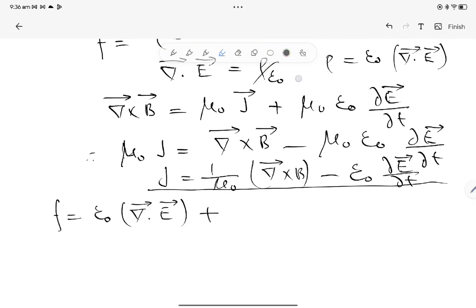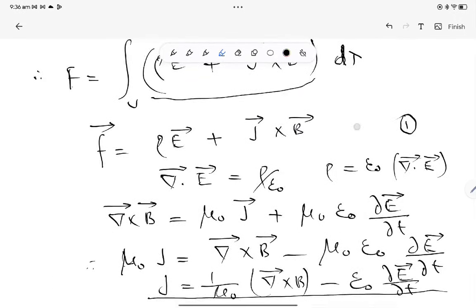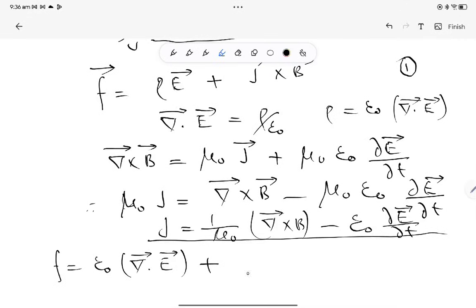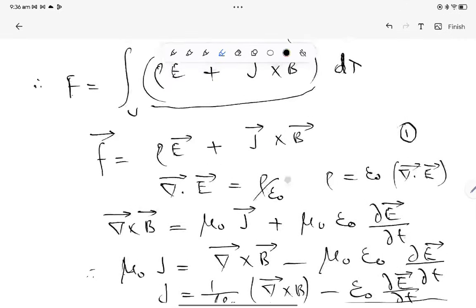Please remember, you have J cross B. The problem is that when you substitute J here, you forget about this B, and the whole thing then goes wrong. So be careful about this.